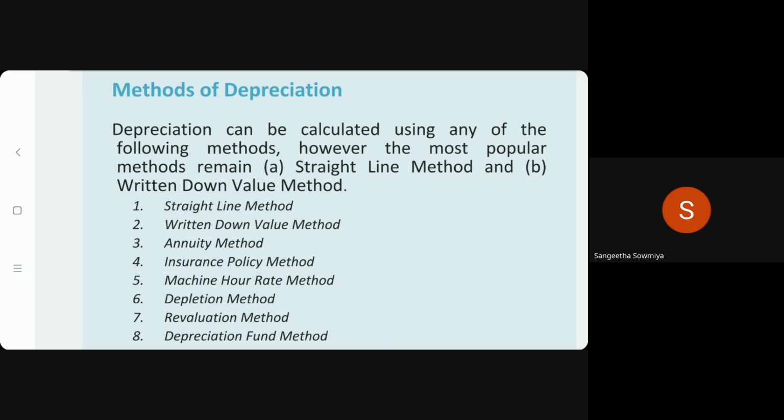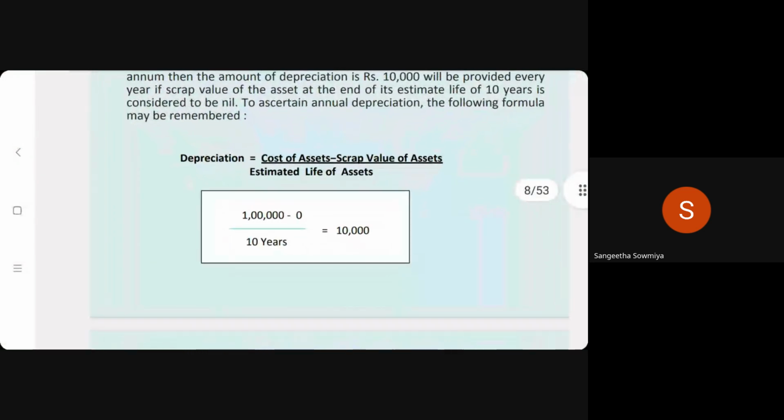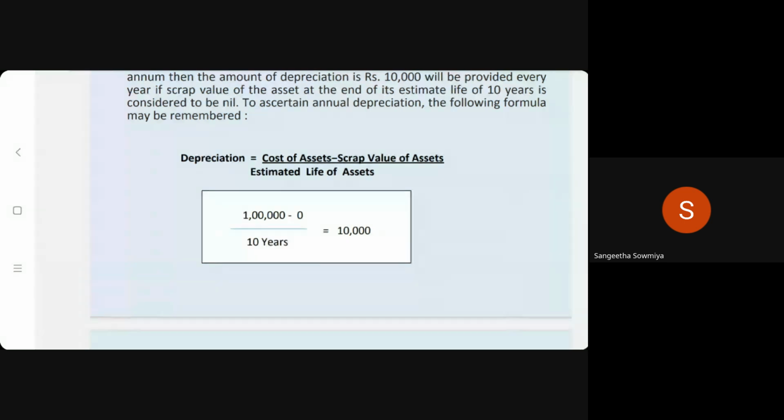So the straight line method, what is it? You just take the cost of the asset minus scrap value. Scrap value means when you are going to sell, you will get only a meager amount. Suppose after the 10th year its value becomes 1000.